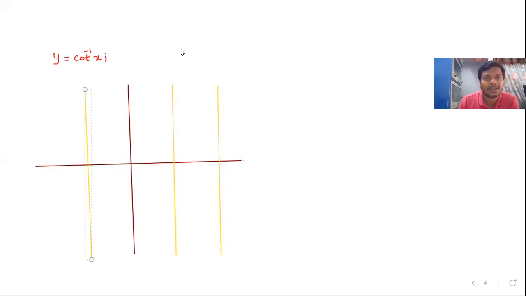We know that the graph of cot x, here it is pi by 2 and pi, it is 2 pi. Cot x graph, it is not defined at x equal to n pi, where n belongs to integer quantity. And we get the graph in this way.